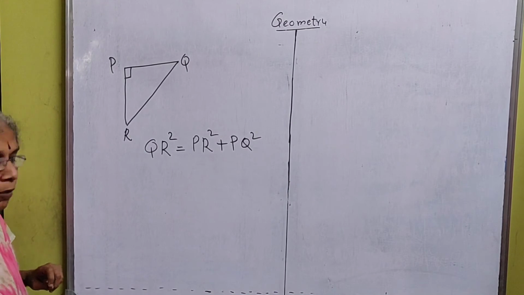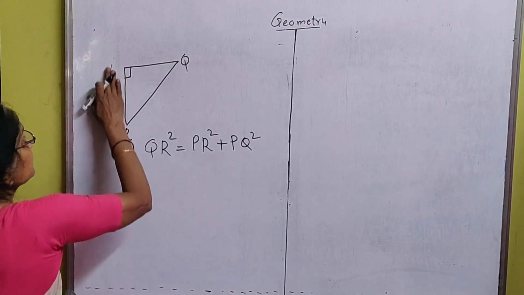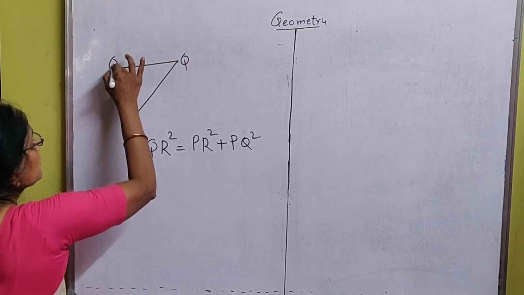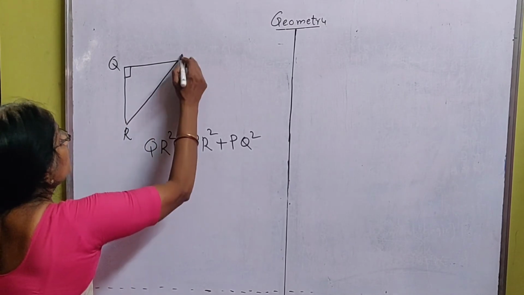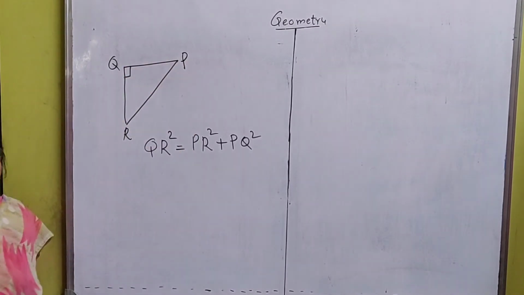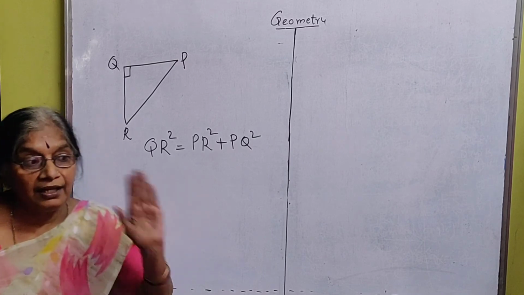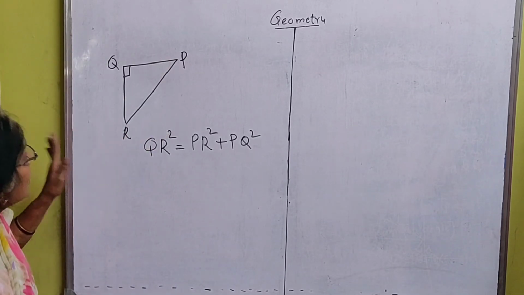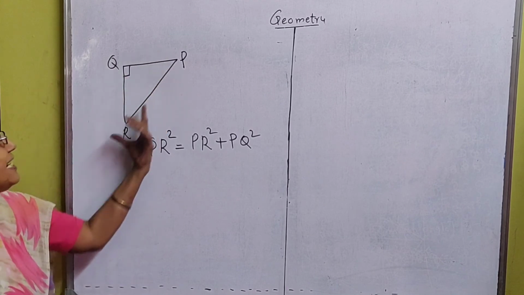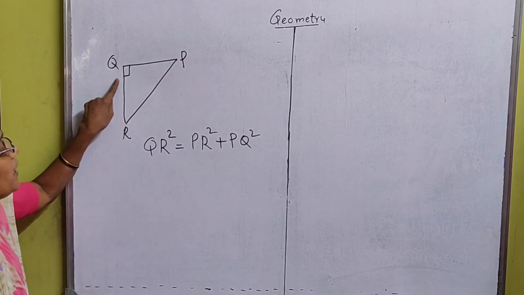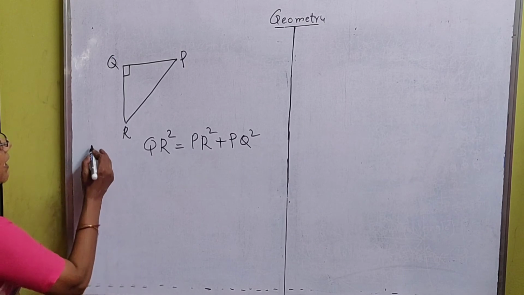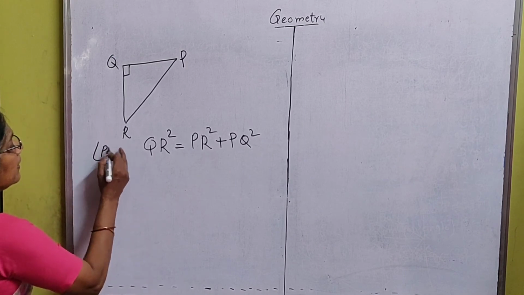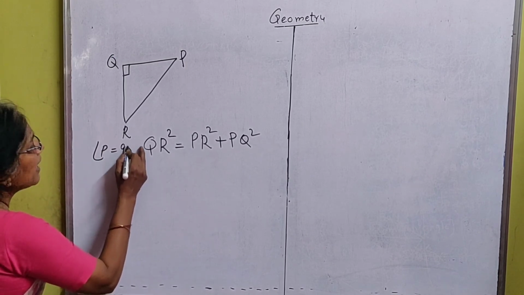Okay. Now I am going to change this. This I am going to make Q and this I am going to make P. So I have changed the right angle. Now what shall be the Pythagoras theorem when Q is 90 degree? The earlier one was when angle P is 90 degree.